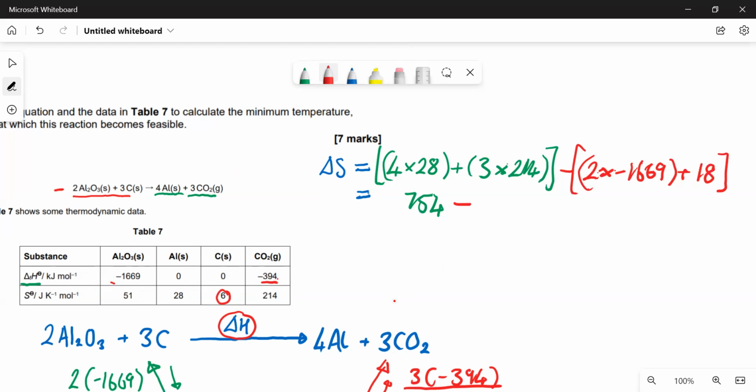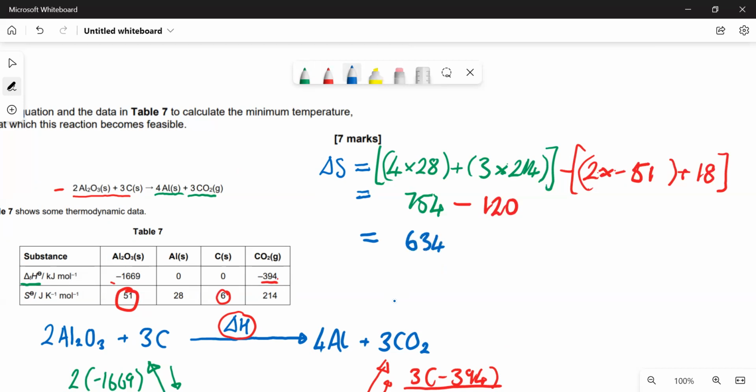Sorry, I put a completely wrong value in there. It should be 51, of course. I put the delta HF value in there. So that's going to be minus 120. And that gives us a value of 634.